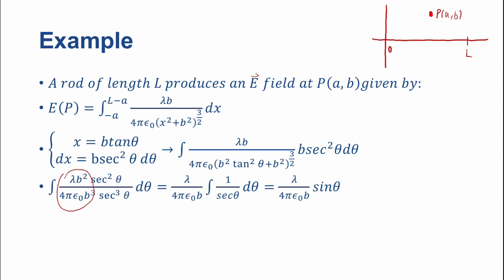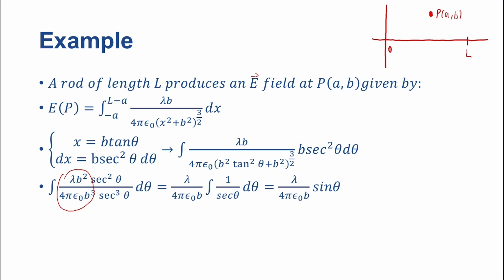That has no relevance to x or to theta, we have nothing theta or x dependent. So what we can do is simplify this, and we're going to throw all of this outside of the integrand. So we get lambda over 4 pi epsilon naught b times the integral of 1 over secant theta d theta. Oh, well, we can do that integral because that's just the integral of cosine. So that means that we're getting lambda over 4 pi epsilon naught b times the sine of theta.